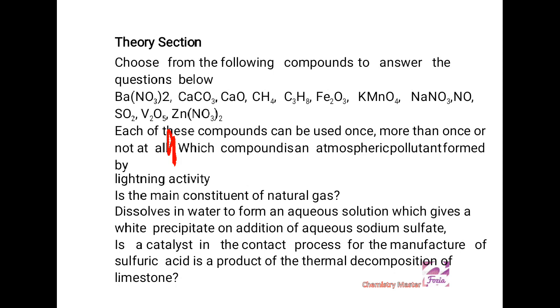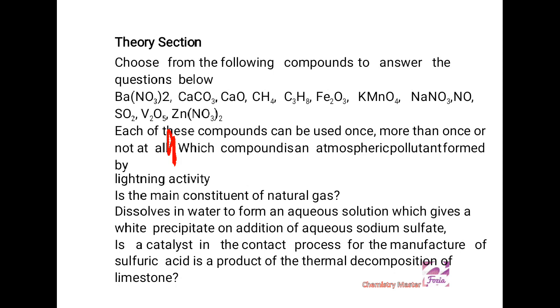This chapter is related to environmental chemistry, in which so many pollutants are discussed, and the only pollutant which is formed due to a natural activity like lightning is none other than nitrogen oxide, because nitrogen is present in bulk in air. Whenever there is some lightning activity, nitrogen gets oxidized and it is produced as a pollutant.